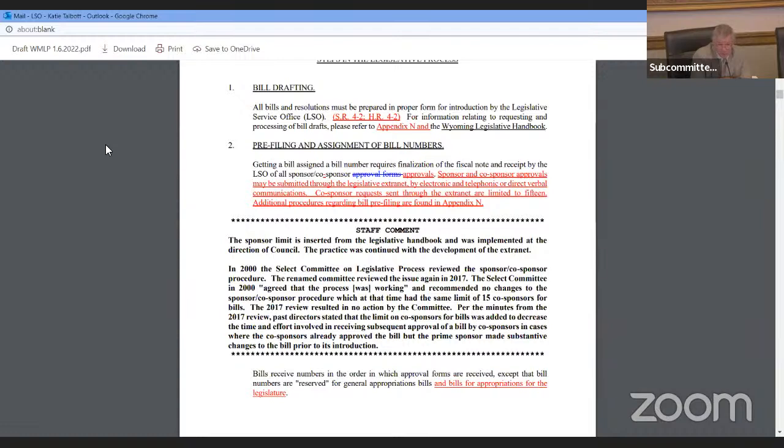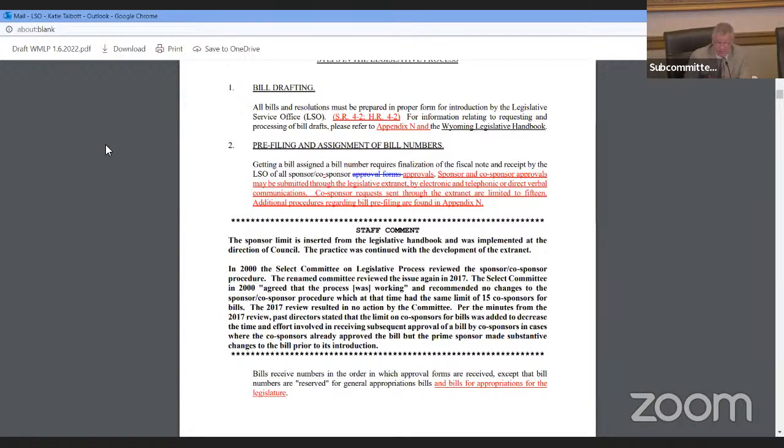The 15 limit was looked at in 2000, and again in 2017 by select committees. That's always a bone of contention. But at that time, management councils wanted to keep the 15. The historic reason for the 15, Mr. Chairman, is that about 30 years ago, legislators got wise to the idea that if they had everybody co-sponsor the bill, it would just go through like greased lightning.